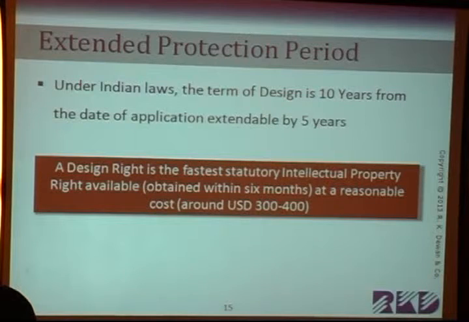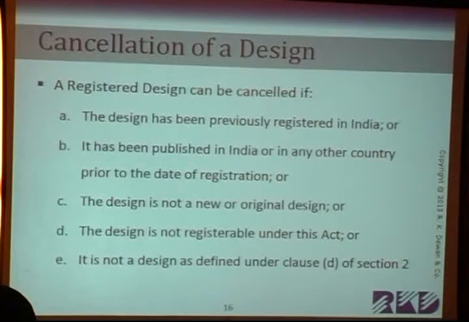Now, again trademarks we are talking about a minimum of 2 years and about $700 to $800 as far as the trademark cost. So it is the least expensive of the big intellectual property rights that are obtained, and the fastest, and as I take you to some of the cases, very legally enforceable right.